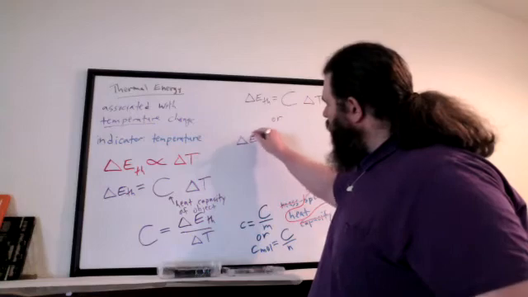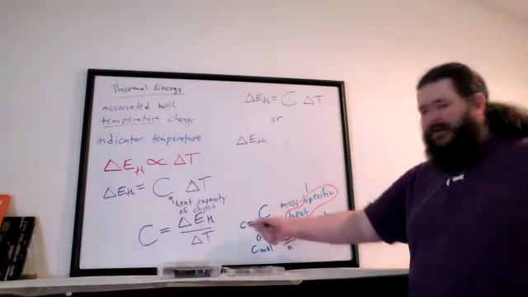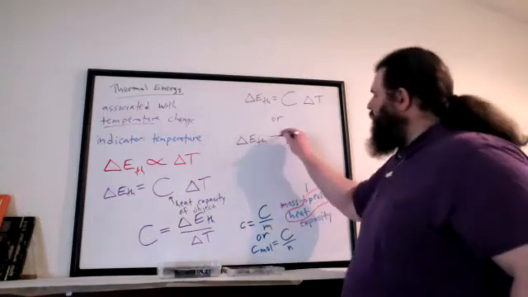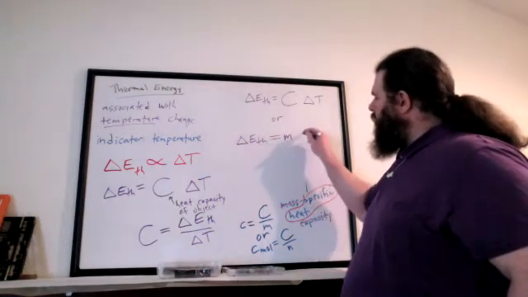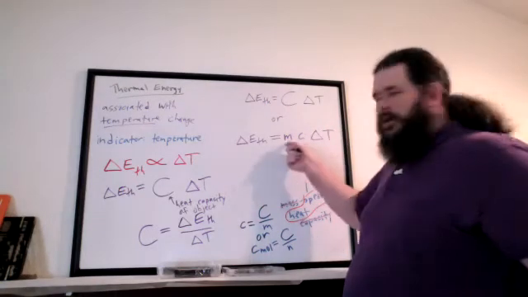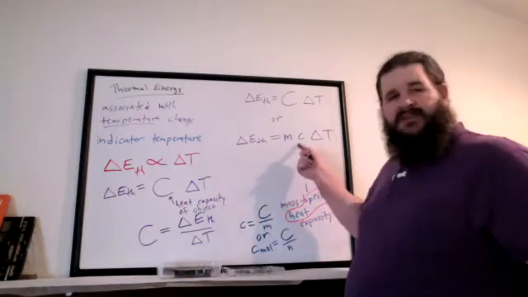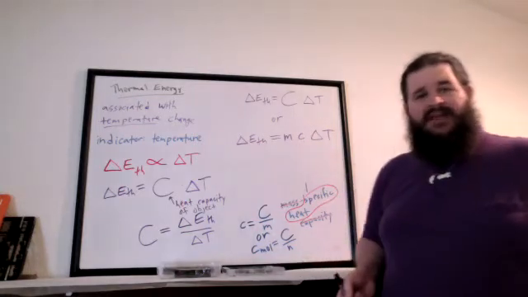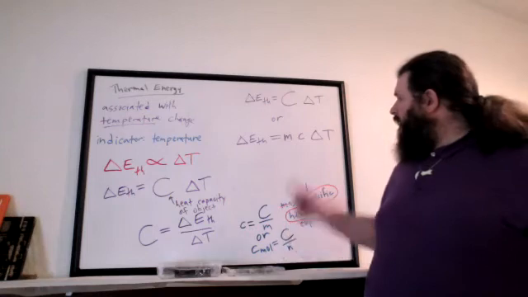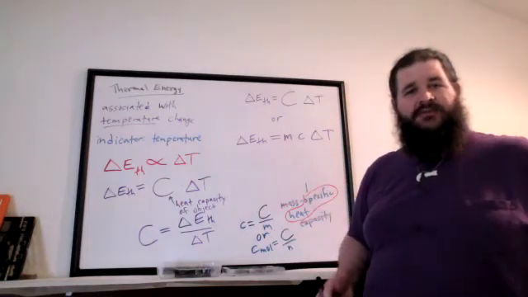Or we can replace heat capacity with mass times specific heat, little c. And if you know the mass of the object, which you could measure with a scale, and you know the specific heat, which you could look up on a data table for that substance, and you know the change in temperature, then you can calculate exactly how much energy that change would take.